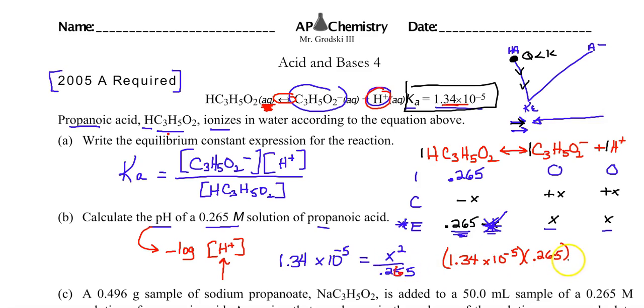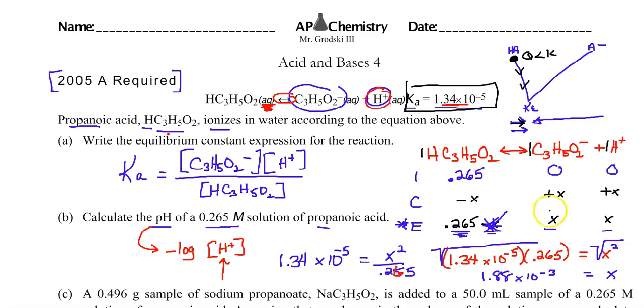And of course, because that's equal to x squared, we're going to square root both sides. And that's going to give me x in my calculator. And when I do the math, I get x equal to 1.88 times 10 to the negative 3.